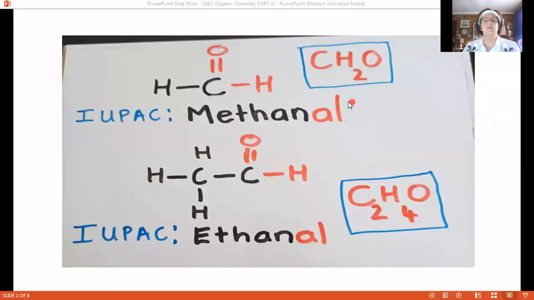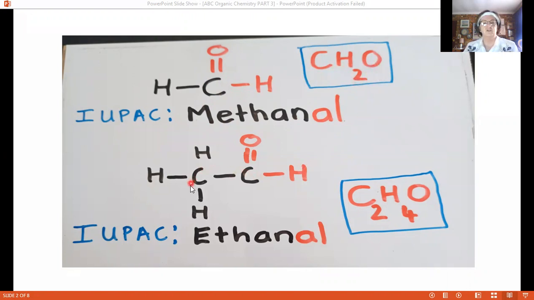Now when we look at the example where we've got 1 carbon, it's meth, and the suffix is -al, so it's methanal. Applying the general formula, the molecular formula is C for 1 carbon, H2O: CH2O.